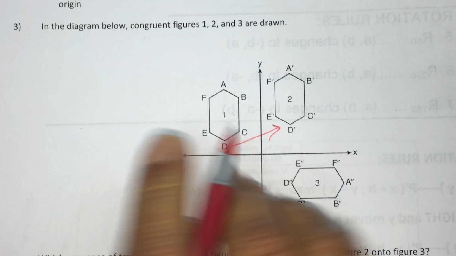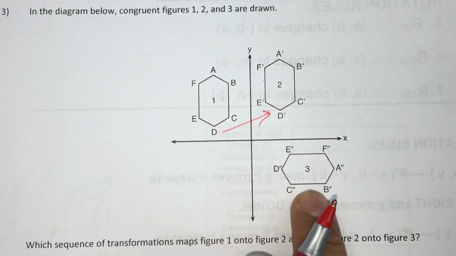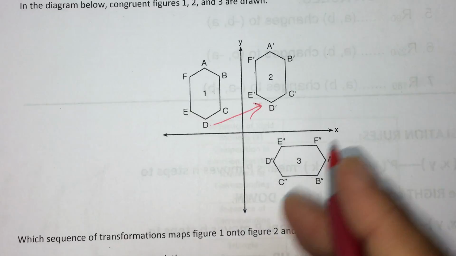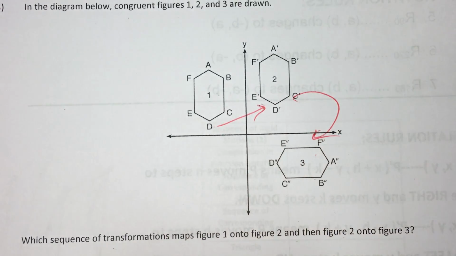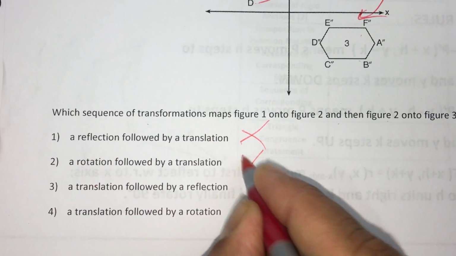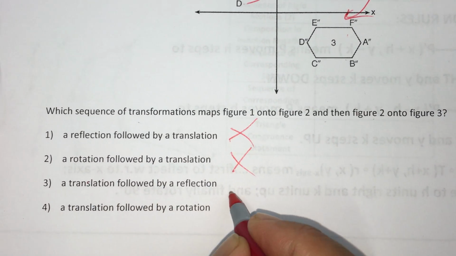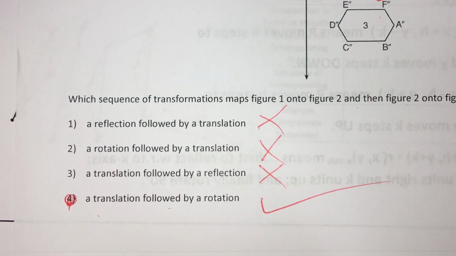If you carefully observe this arrow, this is just sliding, which means translation. From here, the position is changed, which is possible only by rotation. Therefore, translation followed by rotation. This other answer, translation followed by reflection, is wrong. So the fourth is correct for the third one.